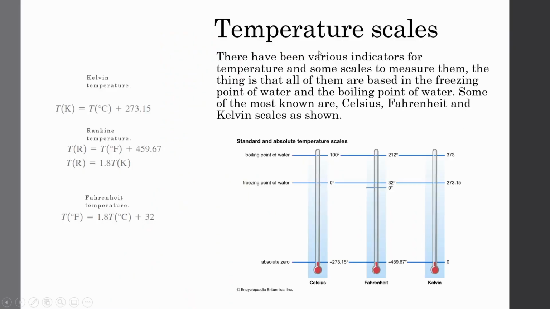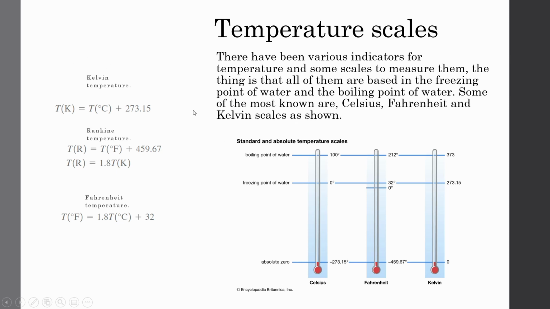And we also have temperature scales and units used to measure temperature, like Kelvin, Fahrenheit, and Celsius. What is interesting about these is they are based on the freezing point of water and the boiling point of water.